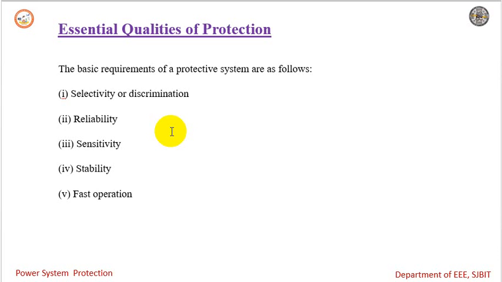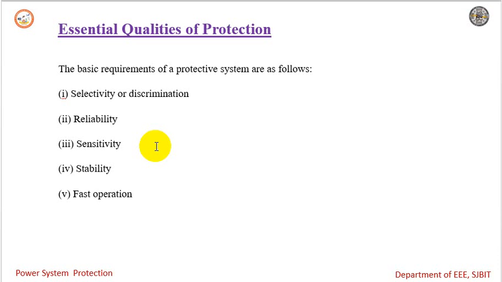Next one is sensitivity. Sensitivity means a protective relay should operate when there is a high magnitude of current. Protective relays are designed to operate if some current exceeds the preset current, which we can call the pickup value.